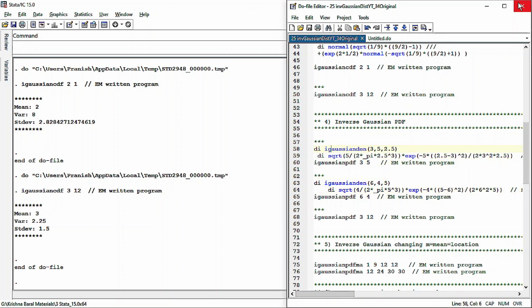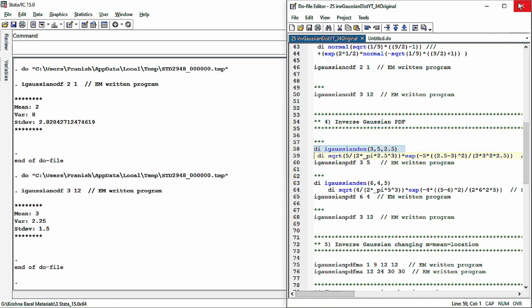This is our theta function to calculate the PDF of the inverse Gaussian distribution for the parameter m, and this is our a, and x is 2.5. And this is our generic formula: square root of a divided by 2 pi x cubed, times e to the power minus a times (x minus m) squared divided by twice m squared x.